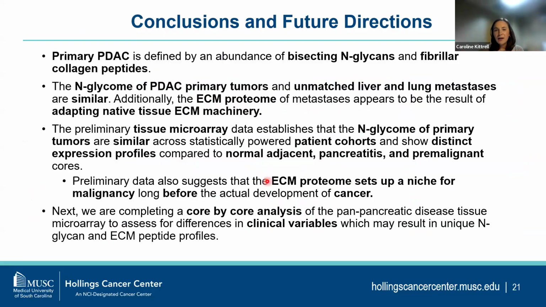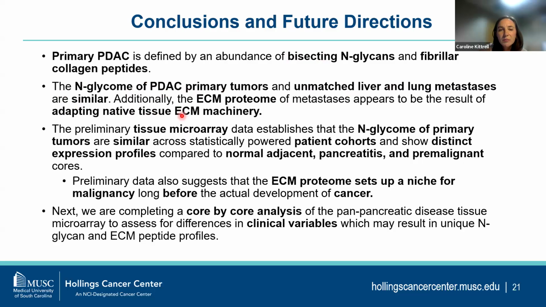So to go over a few conclusions, a little bit of a summary: we found that these bisecting N-glycans and fibrillar collagen peptides are typical of primary pancreatic cancer, and that we can compare the N-glycome of primary tumors with unmatched liver and lung metastases, and they look very similar. Additionally, it looks as though from our ECM proteome results that the METs appear to be the result of adapting native tissue ECM machinery.